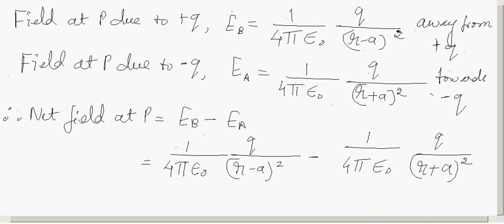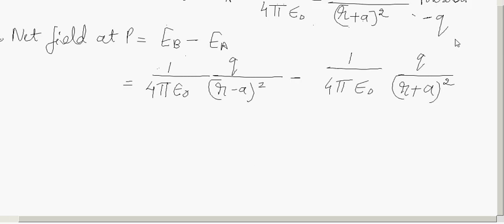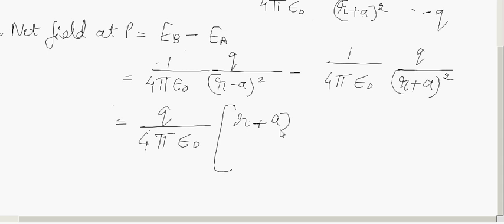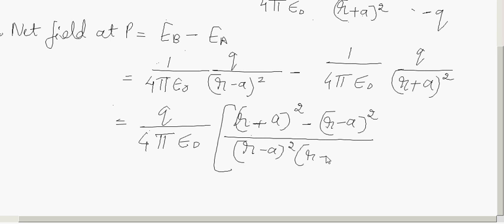Now we need to simplify this. Take the common denominator as r minus a whole square into r plus a whole square. Q divided by 4 pi epsilon naught is common.